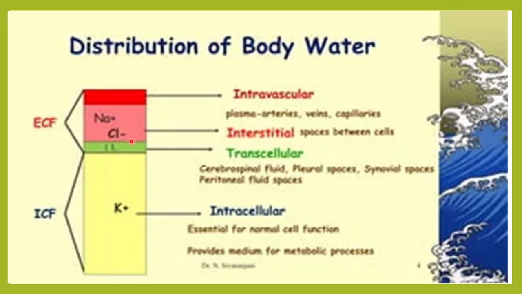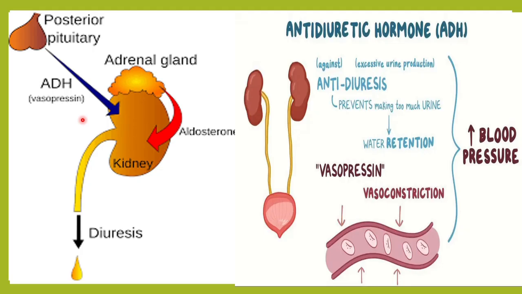I've told you sodium is mostly located in the extracellular space, especially in the interstitial space. The level of sodium and water in the body is regulated by various hormones, like ADH and the renin-angiotensin-aldosterone system. ADH is produced by the posterior pituitary, and it causes anti-diuresis: it inhibits the formation of urine, so it stops the loss of water from the body.